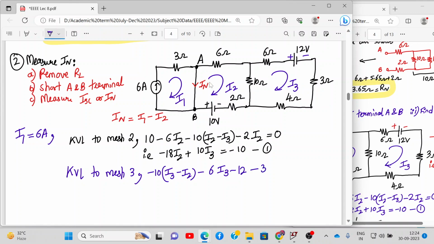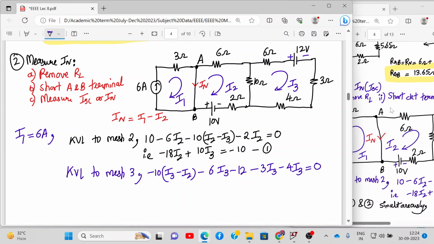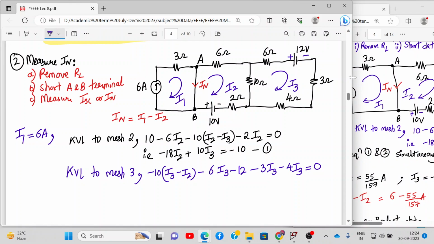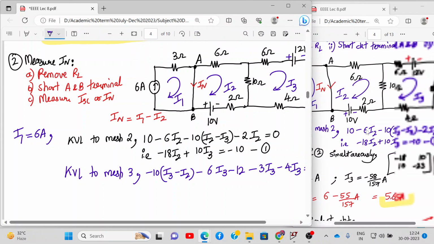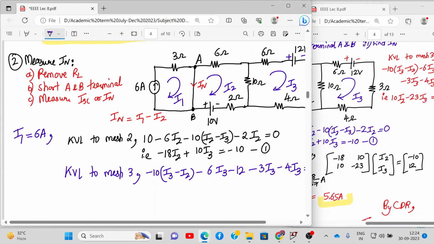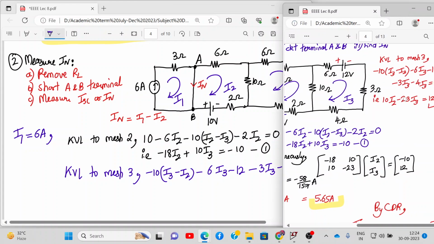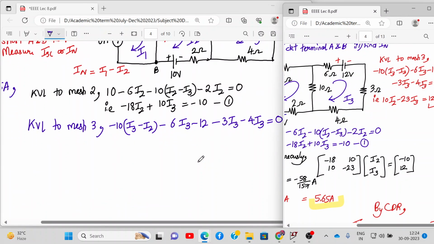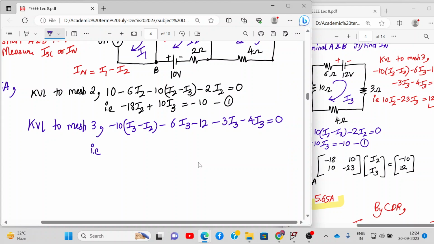Then it will be minus 3 I3 and minus 4 I3, that will be equal to 0. So that is the equation we get over here. The right hand side is already solved. So what we will get over here, let's club it together, is 10 I2, then it will be minus 10, minus 6, minus 3, minus 4.